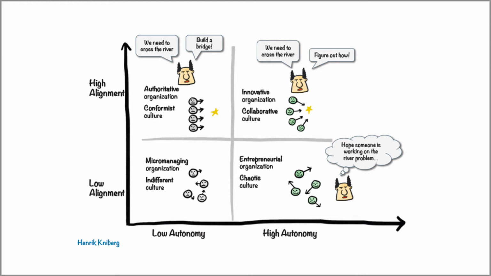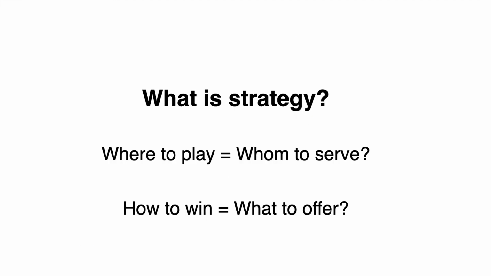So without alignment, we cannot work to meet high levels of autonomy. And autonomy is critical for a world running away from commodities, a world running away from simple transactional relationships. We saw this slide in video 2 of this series.